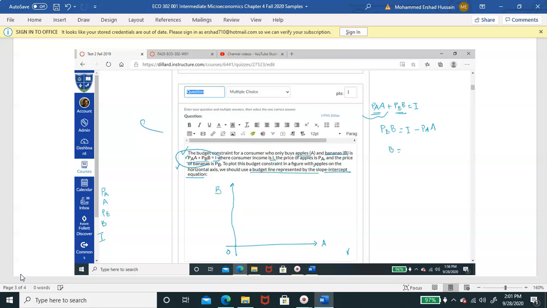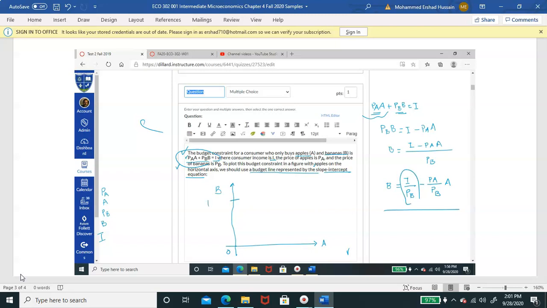Then we keep B here and divide both terms by price of B. So B equals I divided by price of bananas, minus price of apples over price of bananas, times A. See that? So this will be the equation. This is the intercept of the budget line.